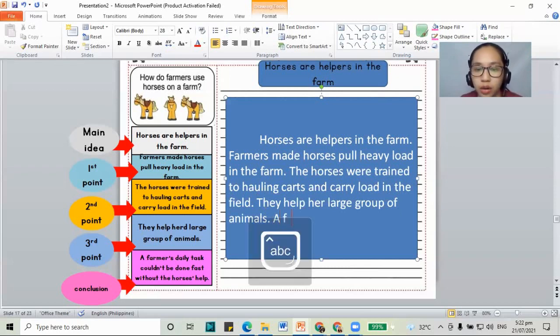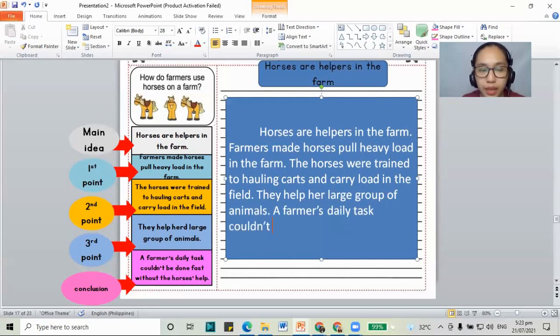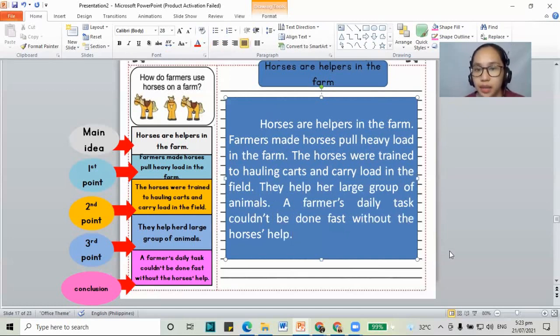A farmer's daily task couldn't be done fast without the horse's help. So that's how you make your sentence.